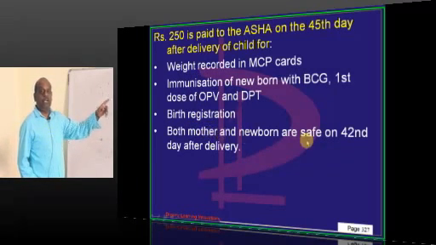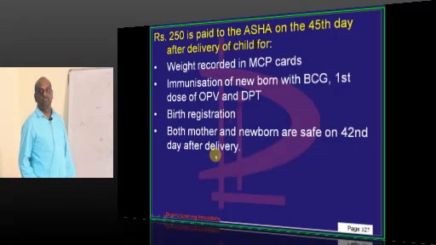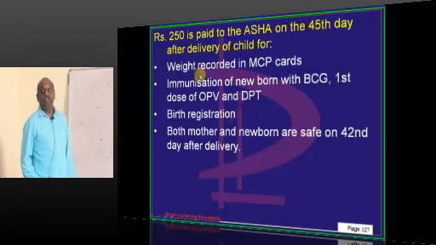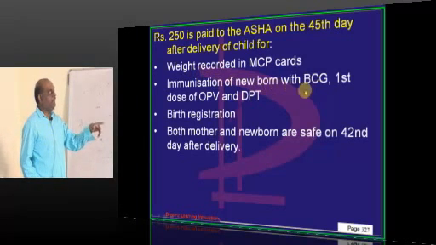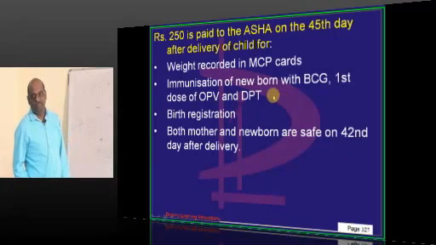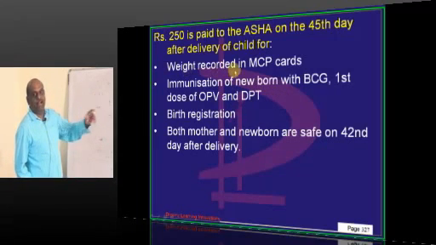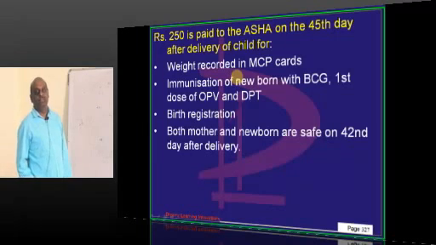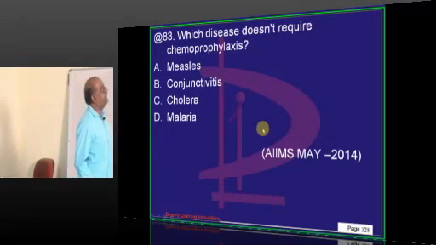And if both mother and child are safe till the 42nd day after delivery, if the immunization of the newborn is done with BCG, first dose of OPV, DPT, then ASHA gets 250 rupees. Then weight is recorded and noted in the MCP card, then ASHA gets 250 rupees. So that is what it is all about.